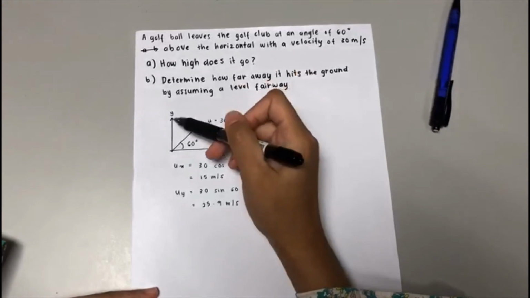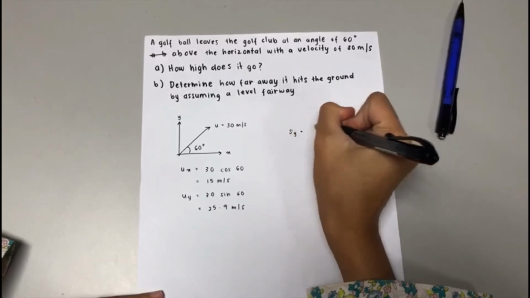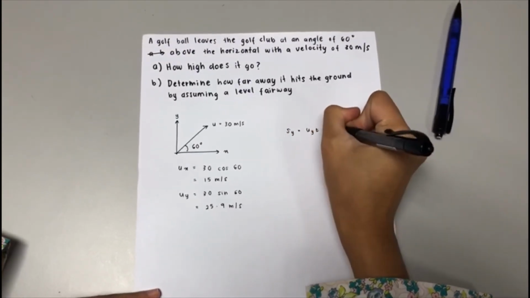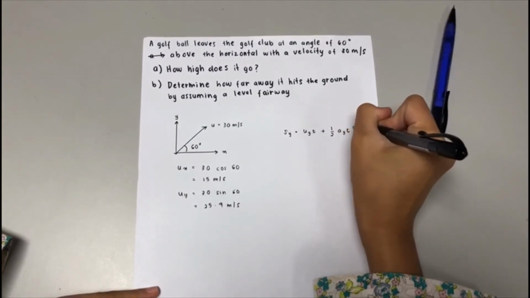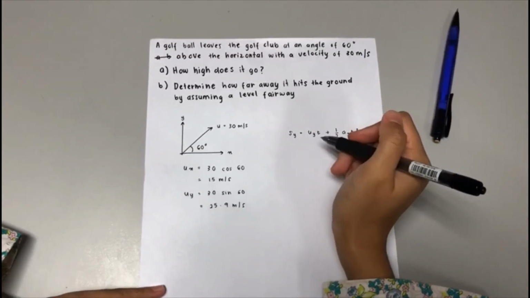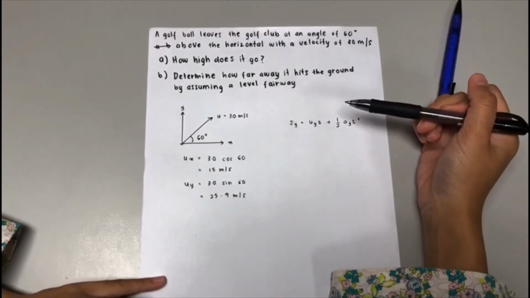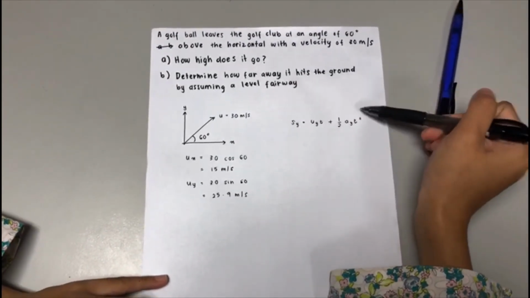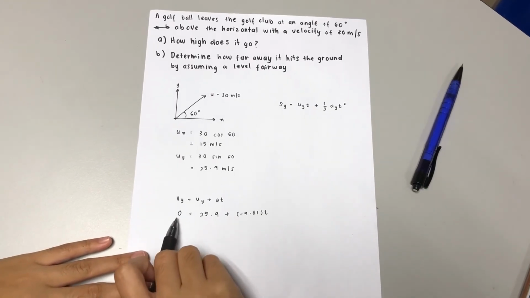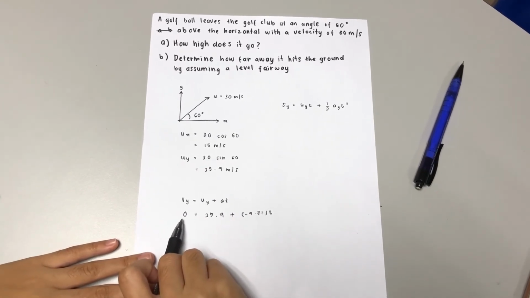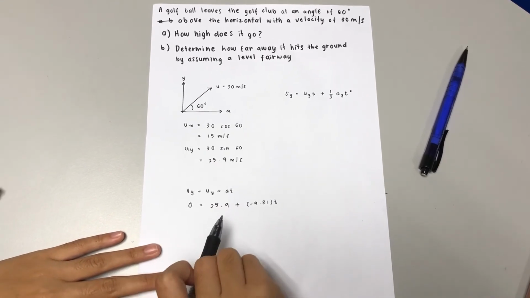Since the distance happens in the y-axis, we must use Sy equals uyt plus 1 over 2 ayt squared. Based on the information, the time is not given. So before we complete the formula, we need to find the time. The velocity is 0 because it is at maximum height.